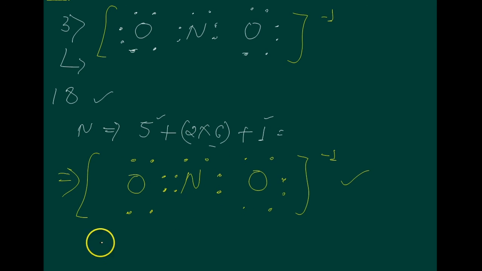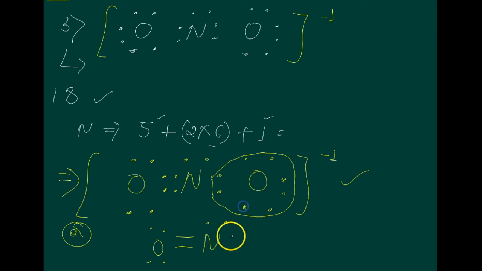Now I can write it like this. There are 2 bonds on N, then this one is the remaining electrons. You are making only one bond with this one.